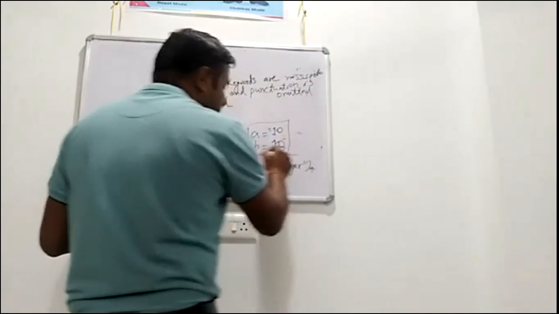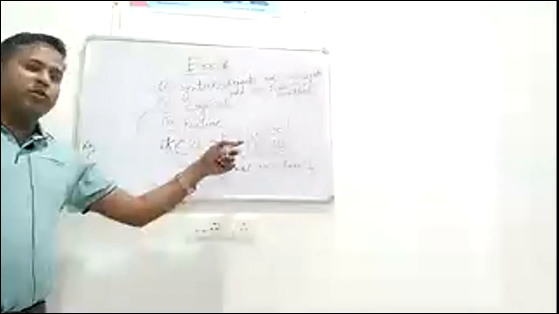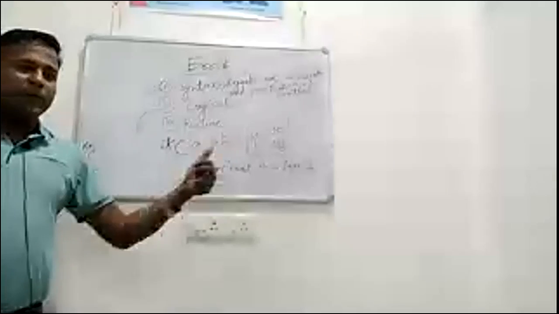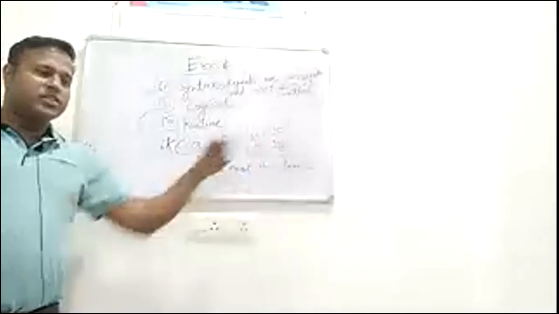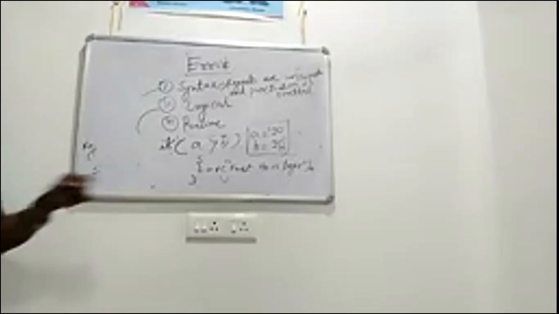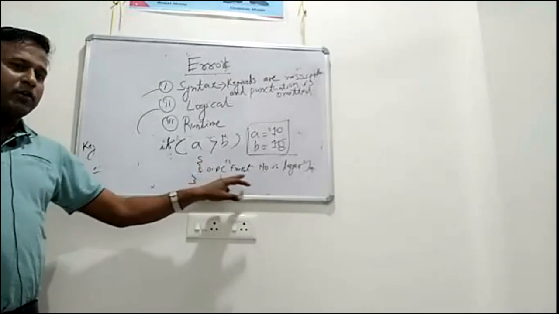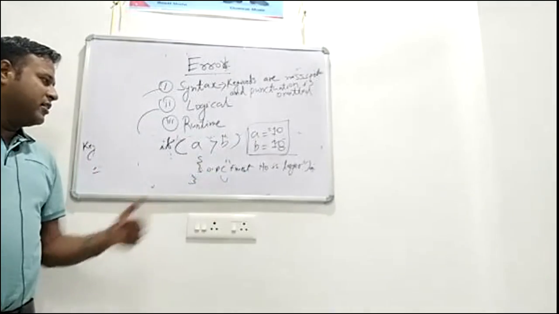So here I pass two equal values. A value is 10 and B value is 10. But for checking equality, I am not giving any kind of condition. I am giving only one condition: if A greater than B, then it shows the first number is greater.